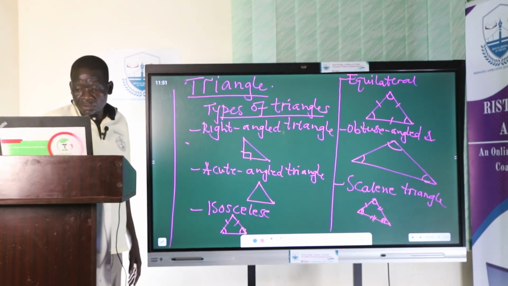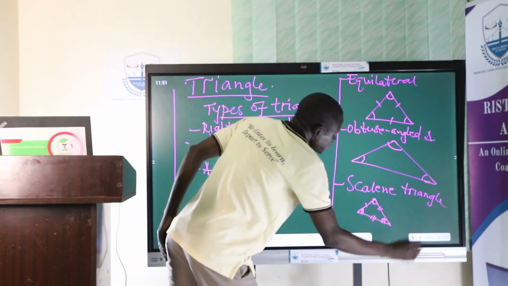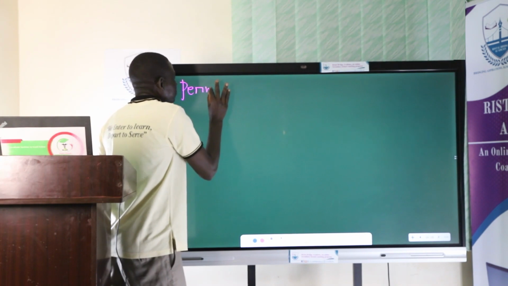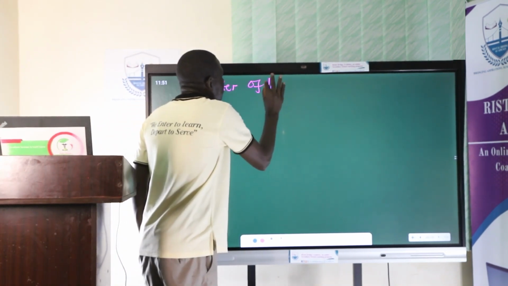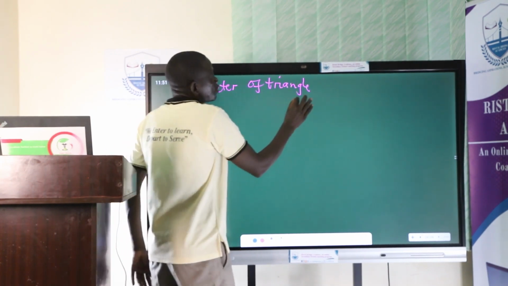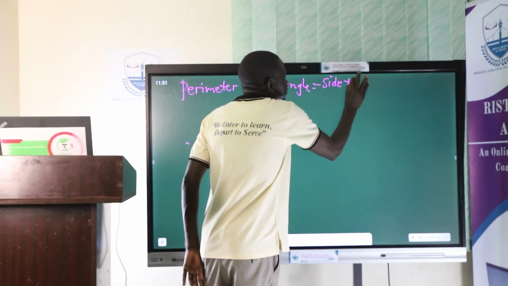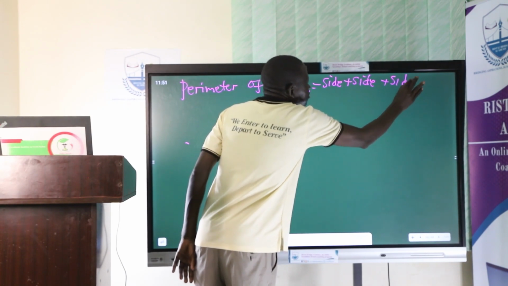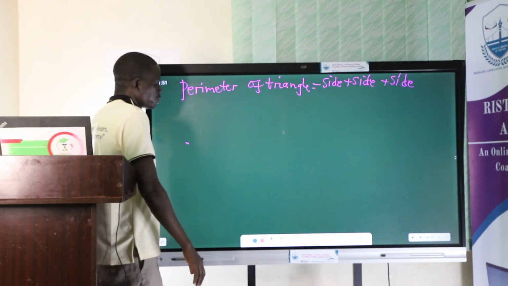We can continue. So, perimeter of a triangle is obtained by side plus side plus another side. Like that.